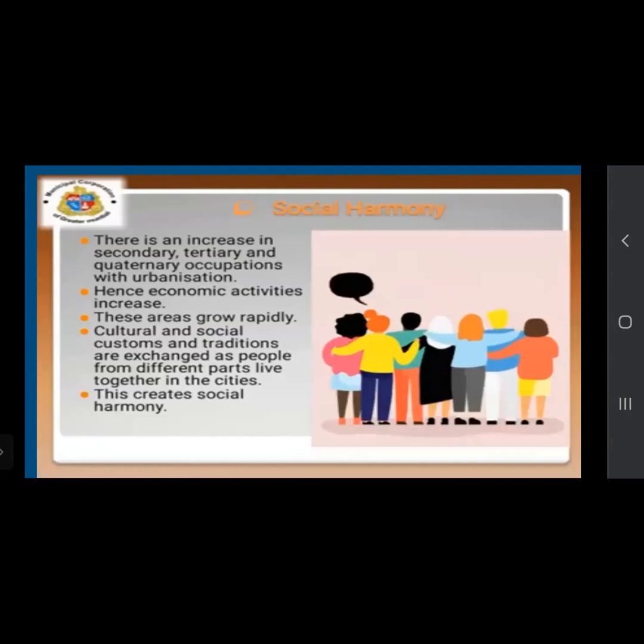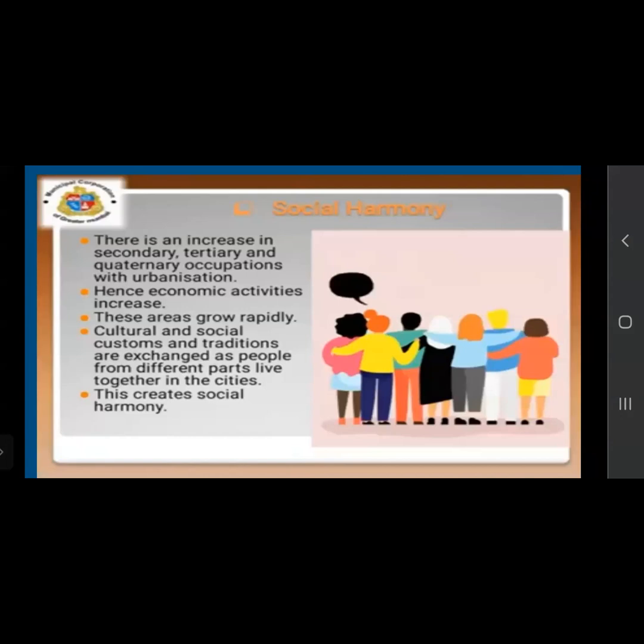Cultural and social customs and traditions are exchanged as people from different parts live together in the cities. Whatever culture, customs and traditions they have, they are exchanged among the people. Why? Because in cities people come from different corners of India and stay together in one place.